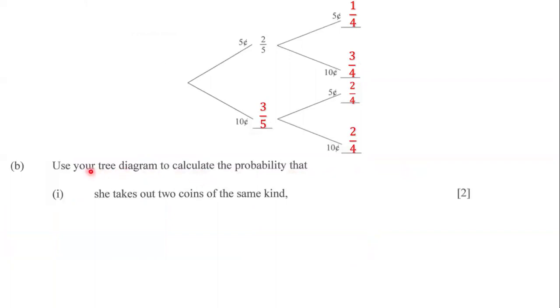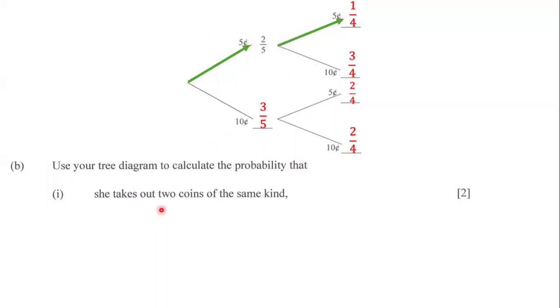And it says, use your tree diagram to calculate the probability that she takes out 2 coins of the same kind. And so what that means is that let's figure out the probability of her getting 2 5 cents coins, right? Back to back. So 5 cents coin and then 5 cents coin.